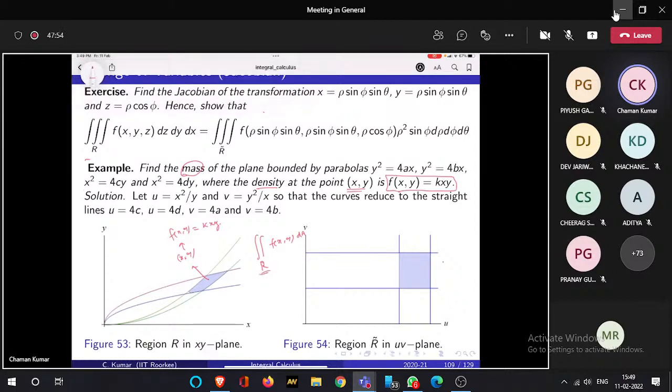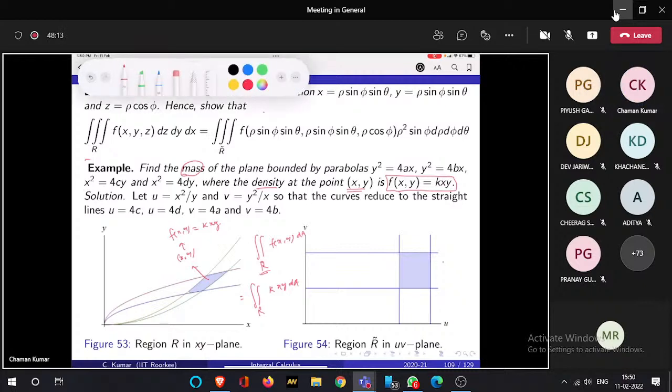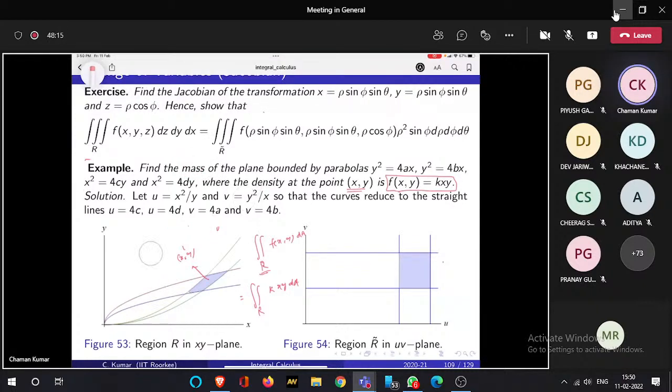The region of integration is R, which is this region, and we want to find this integral. So basically you can substitute the value of f also. So this is k times xy dA. So by making a transformation to another plane, you have to find this integral.